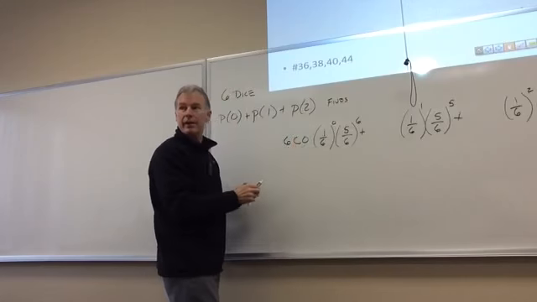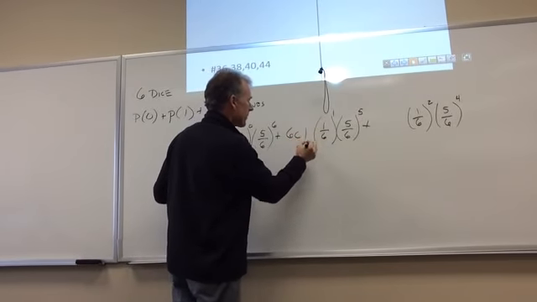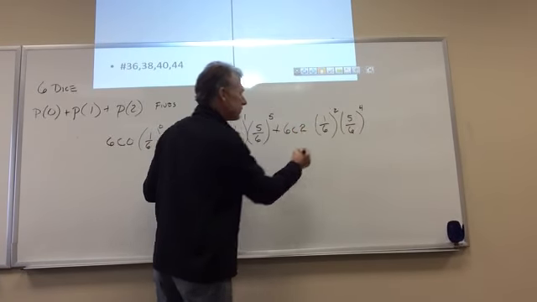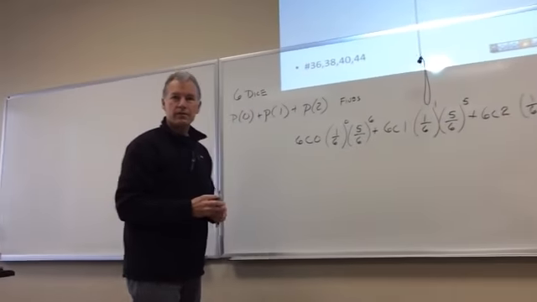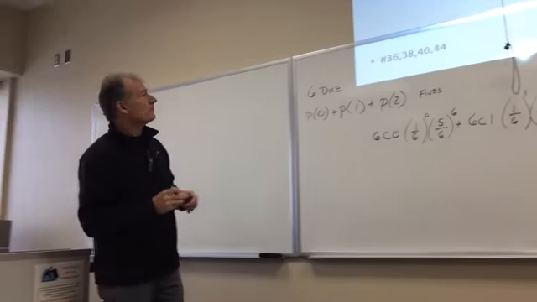Six choose 0, yeah. And then this would be 6 choose 1, and 6 choose 2. There we go. Feels okay, doesn't it?